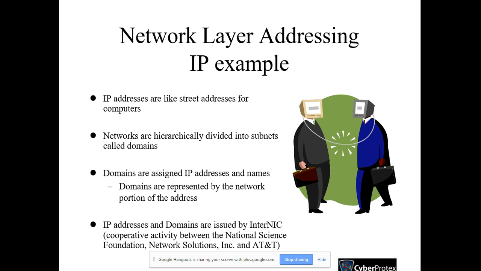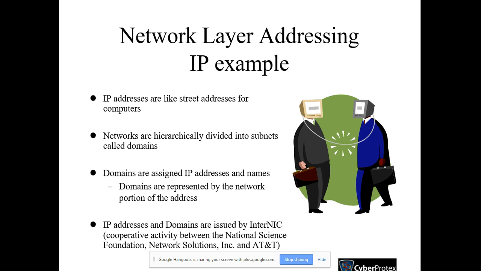So a lot of times I think that people get confused because they may not be too savvy with the IP addresses, but currently many people saw the sky was falling and we were running out of IP addresses. But what ended up happening is we ended up creating this new one called IP version 6, which we'll talk about in a little bit.